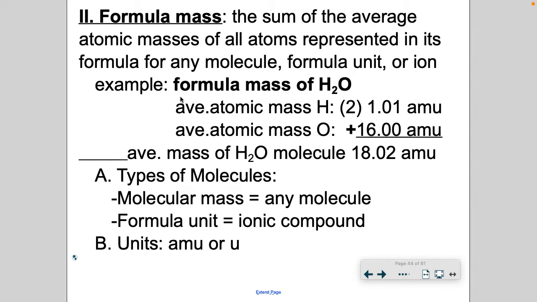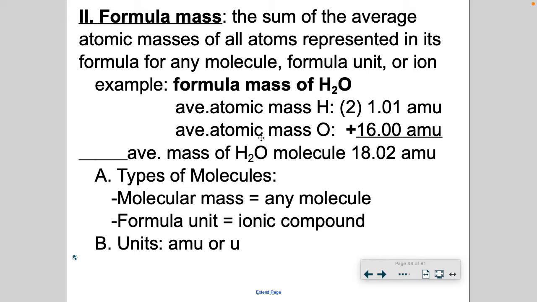So if I wanted to know the formula mass of H2O, water, you'd use the periodic table. On my big periodic table, it would be the pink numbers, but the average atomic mass of hydrogen is 1.01 AMUs, but I have two of them, so I'd multiply 1.01 times 2.